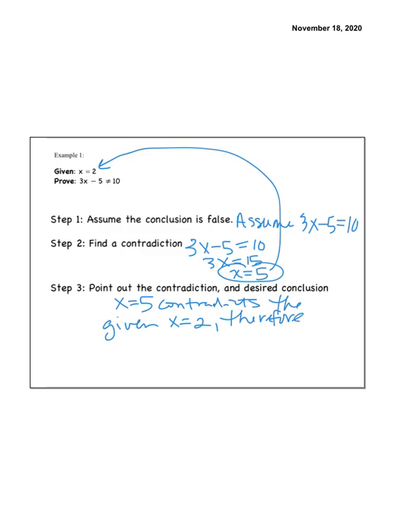Therefore, what we were trying to prove in the first place, before we gave a temporary assumption, 3x minus 5 is not equal to 10, is now true. Again, we started by trying to prove the opposite of that, but it led to a contradiction. Therefore, the original statement is true.